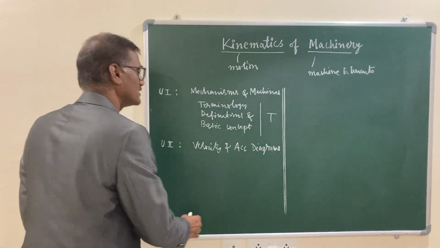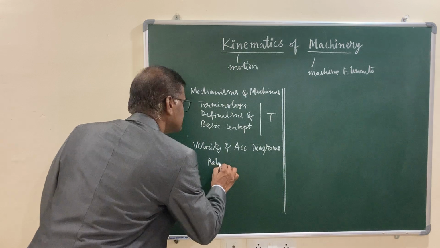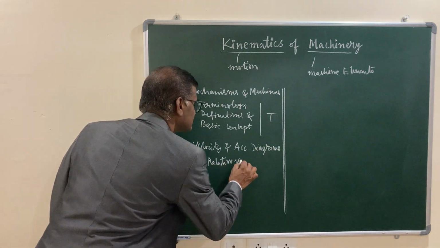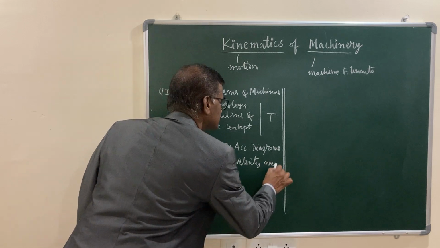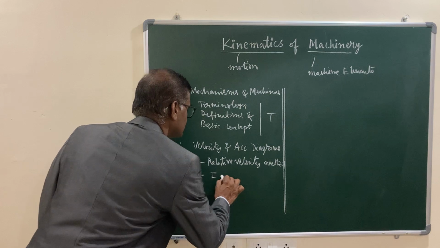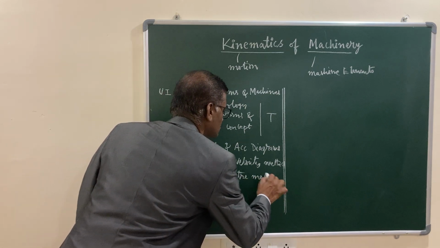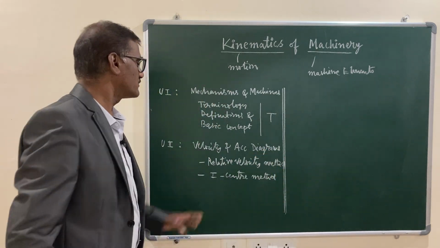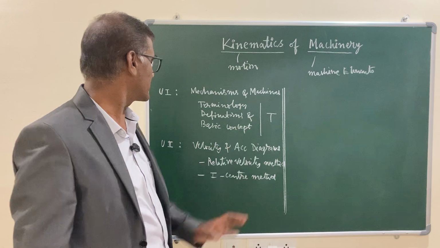And in this you have mainly two methods. One is the relative velocity method, and the other method is the instantaneous center method. By means of the relative velocity method, we will be drawing velocity diagrams as well as acceleration diagrams.